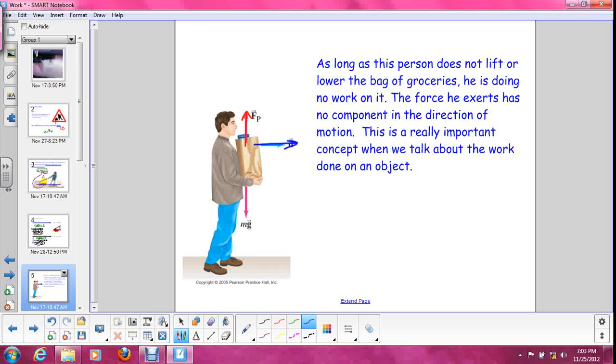So he's applying a force vertically, but he's moving horizontally. And this makes a 90-degree angle. So it turns out, even though he is pushing on this bag and he is moving it, he's moving it perpendicular to the force applied. So he is doing no work. The work on this grocery bag is 0 joules.